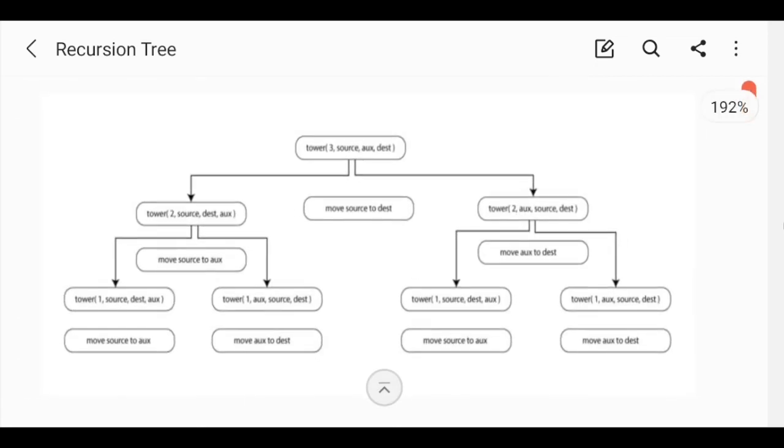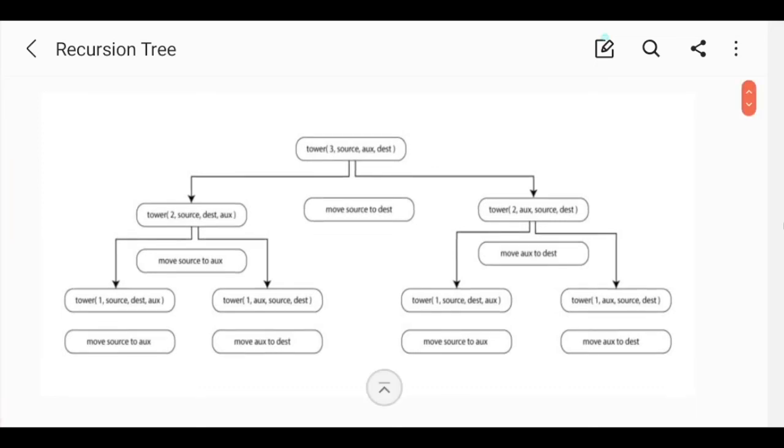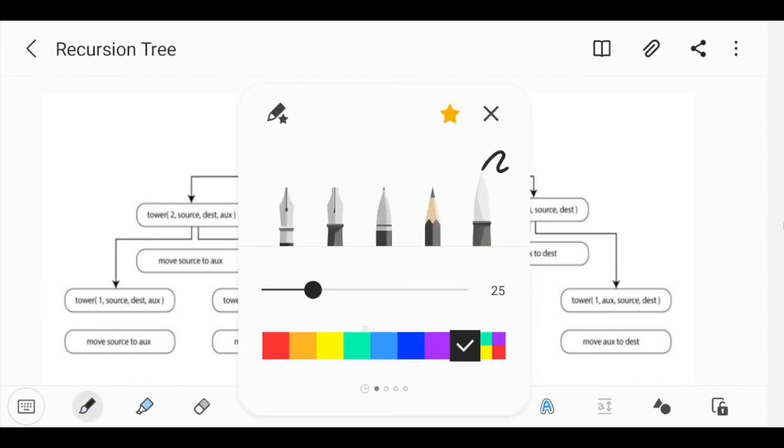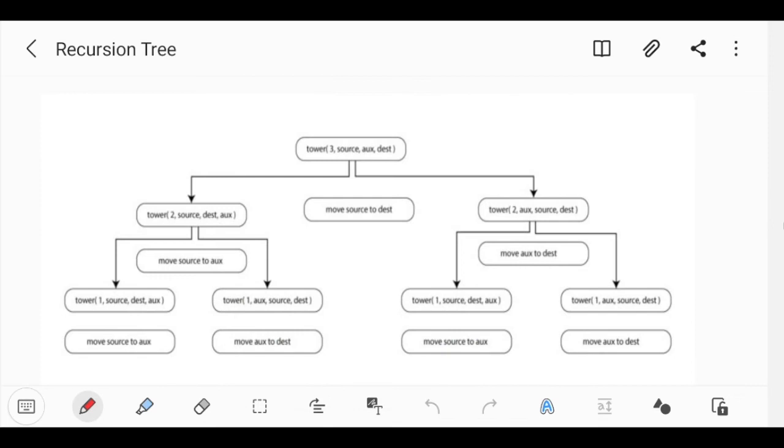Okay, so here it's called tower, but we called it towers there, but the name of the routine is not an issue. But look at the arguments that are being passed. I say, yeah, so I have towers of 3, source, auxiliary, destination, right?